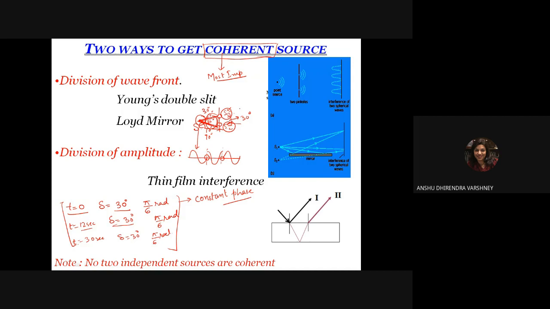And the question 90% is why two, or state the reason why two independent sources cannot be a coherent source. The reason is उनके बीच में जो light wave produce होती है they cannot be controlled. So basically two different sources cannot be coherent sources.